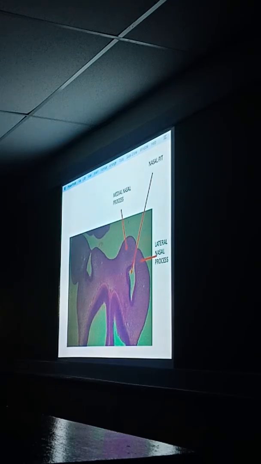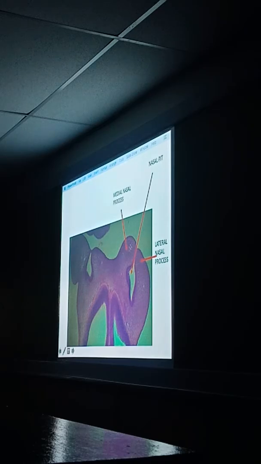Your middle part of the upper lip, which is your philtrum. And the middle part of your upper jaw, which consists of your maxilla with your four incisors. Okay, again, your medial nasal process fates are the middle part of the nose or the nasal septum, your philtrum, which is the middle part of the upper lip, and your maxilla with four incisors.